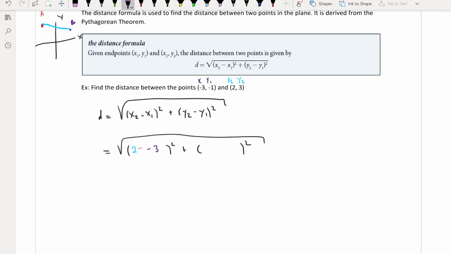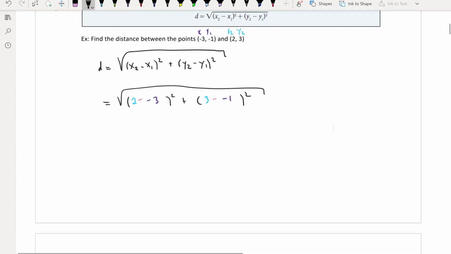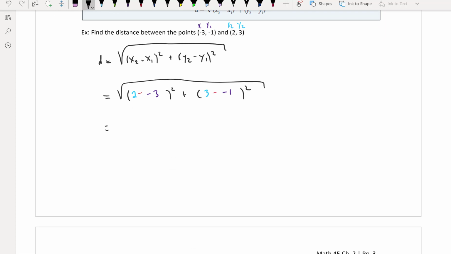Now I go to the next set of parentheses. My y2 is a positive 3, and it's subtraction. And my y1 value is going to be that negative 1. Before I can square it, I'm going to have to simplify the inside of these parentheses.